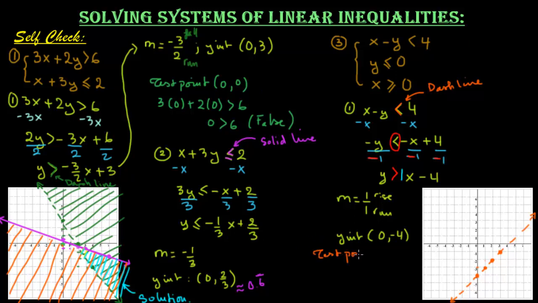Now to find out where to shade, I need to do the test point. I would choose the test point (0, 0) again, because it's not on the line. So 0 minus 0 less than 4, which is 0 less than 4. This is a true statement, so we're going to shade above the line, like this.